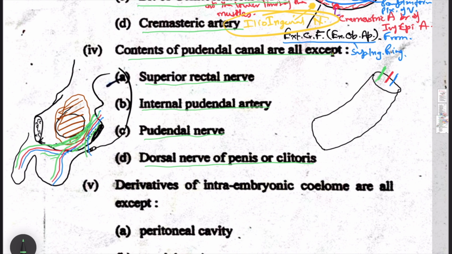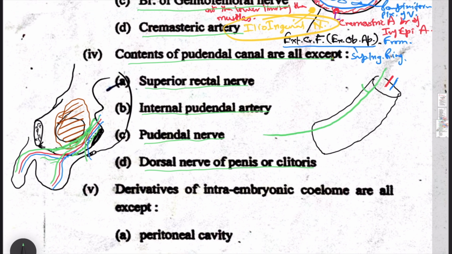I'm just zooming it out to have a clearer idea. You see, this is the pudendal nerve. The pudendal nerve is S2, 3, 4 ventral division from the sacral plexus. While running in its course in the pudendal canal, it gives out its branch to supply the anal canal, and this branch given out within the pudendal canal is called the inferior rectal nerve.